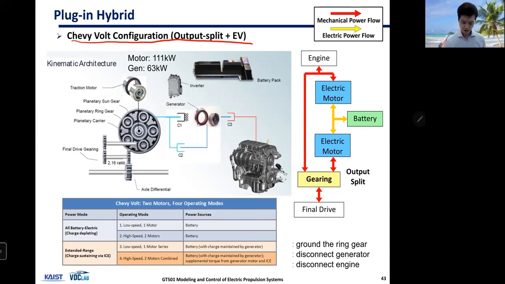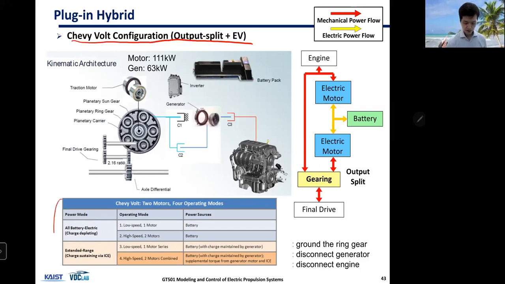They came up with this idea of EREV, meaning that using this generator as a motor, it can provide two-motor EV, and it can provide both series hybrid and output split hybrid mode.